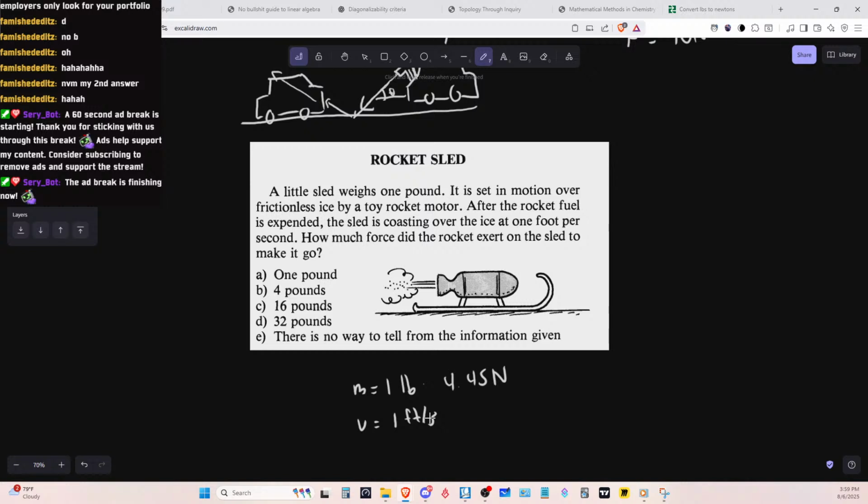So now we have to think about the relationship here. What I'm thinking about is force times time, and that over mass.